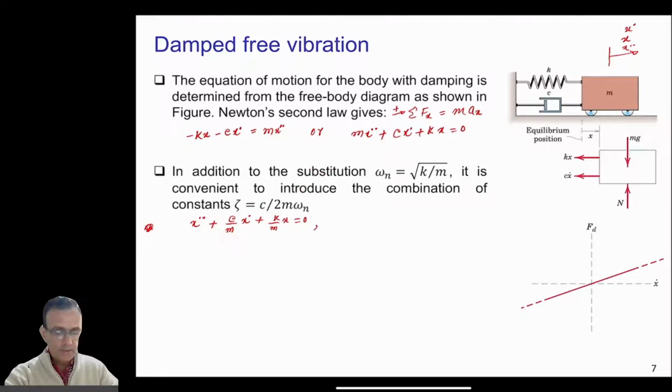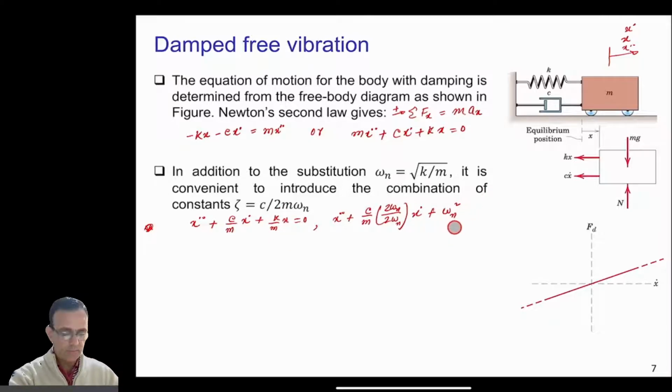Now, in addition to this, we will multiply this c by m with 2 omega n, and we will divide this by 2 omega n, just for simplicity. And then omega n square, because we know that this k by m is omega n square. We know this from the previous lecture. And x equal to 0.